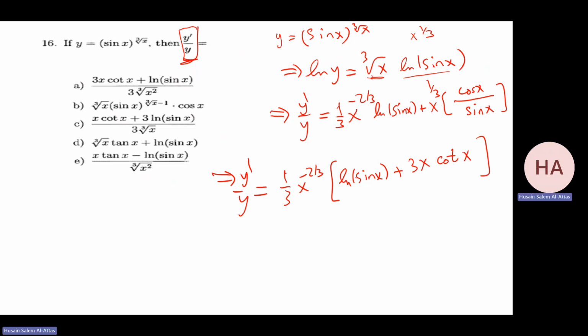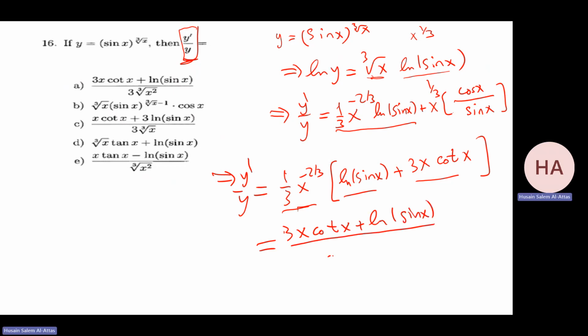Multiply this times this, I'm getting this times this, cancel 3x, which will be x to the power 1 over 3 cotan x. Correct. So the answer is 3x cotan x plus ln sin x over 3 cube root of x squared, which is this one.